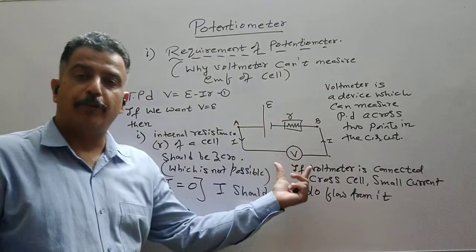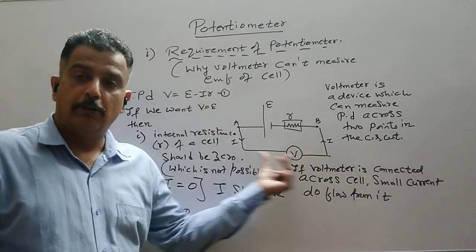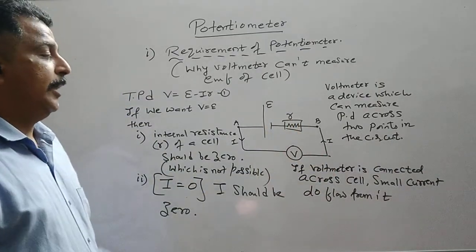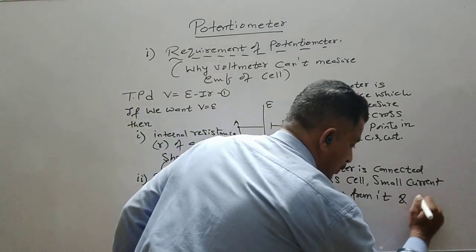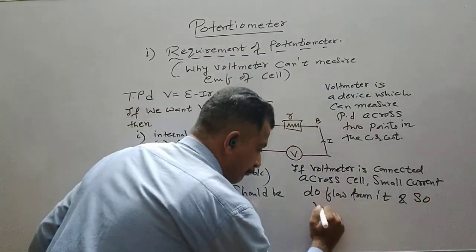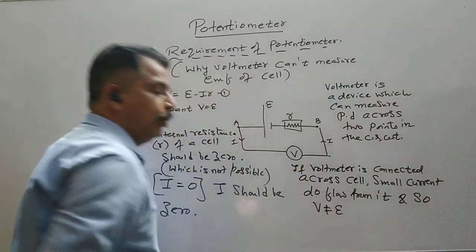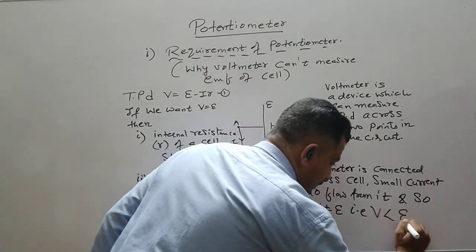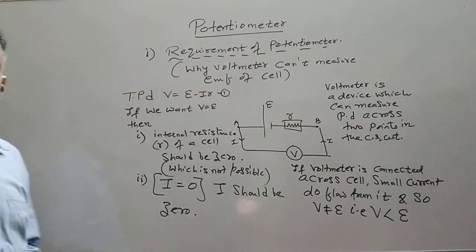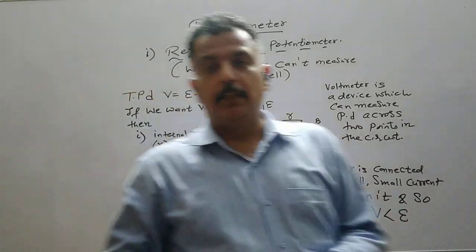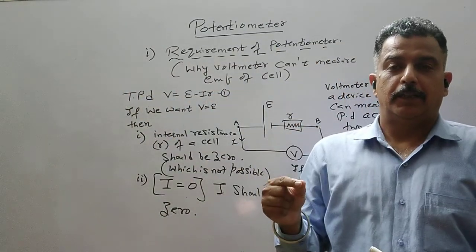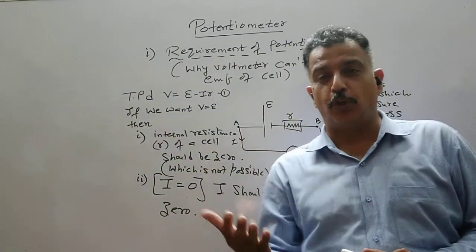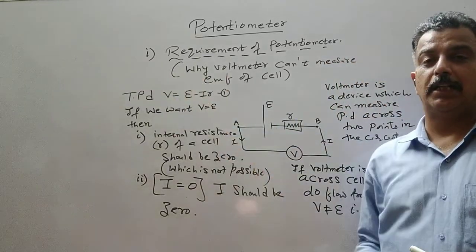A small current flows through the voltmeter, and so V cannot be equal to E, that is V would be less than E, and hence we can say that the voltmeter will measure or will show the terminal potential difference.